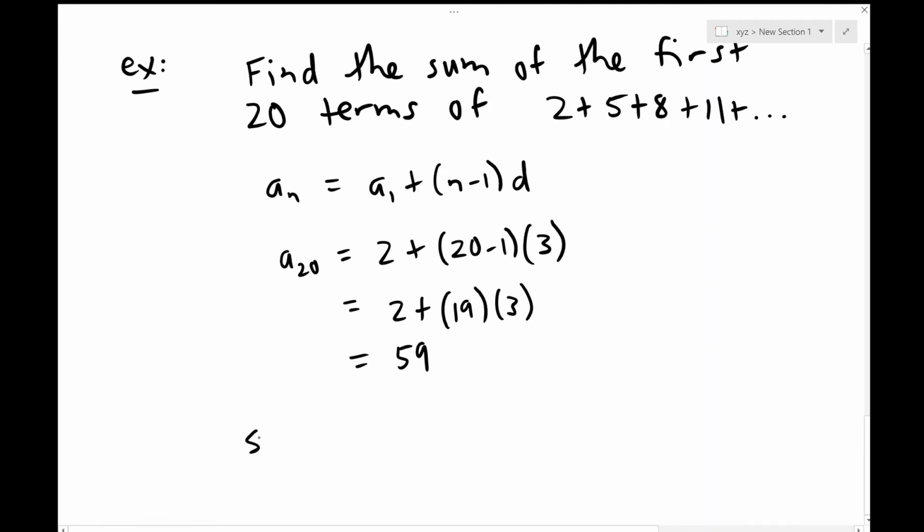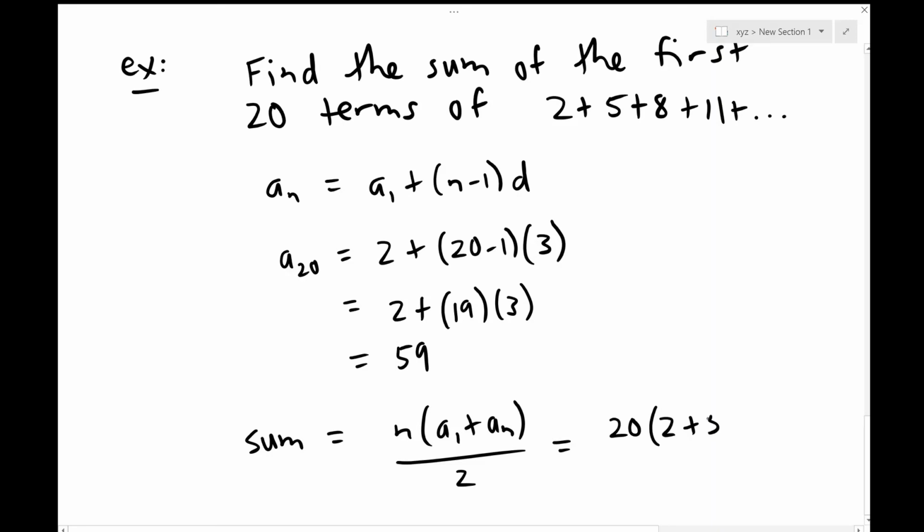So now to calculate the actual sum, again, just going back to our formula, n times a sub 1 plus a sub n over 2. Well, we're trying to find the sum of the first 20 terms, so our n value will be 20 in this case. And then we'll have a sub 1, which we pointed out already is 2. A sub n, that refers to a sub 20, that's the last term, which we just calculated is 59.